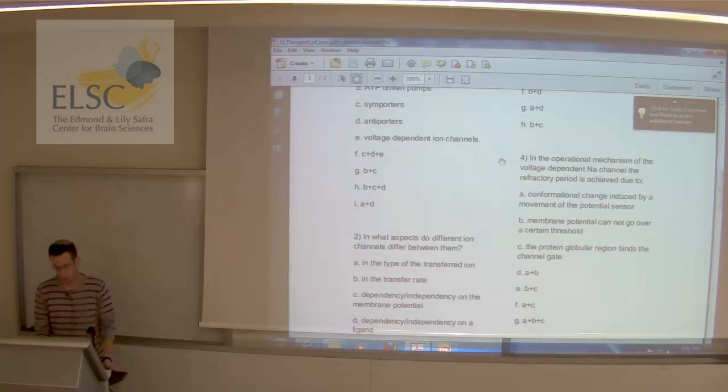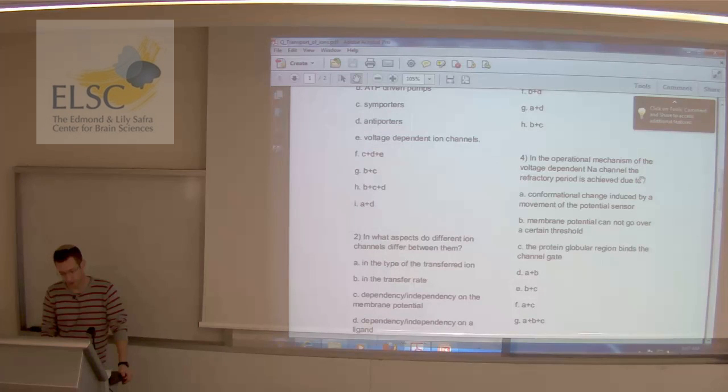4, in the operational mechanism of the voltage-dependent sodium channel, the refractory period is achieved due to, so A, conformational change induced by a movement of the potential sensor. So we're talking about the refractory period specifically. Conformational change induced by a movement of this is the step that opens the channel, but it's not the one that prolongs its opening once it is opened.